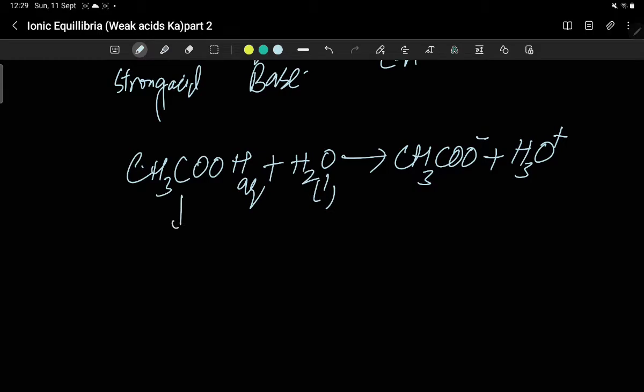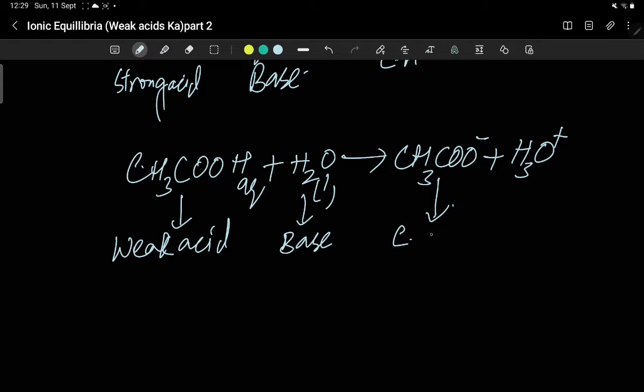So this is the weak acid, this is the base, and this is the conjugate base, and this is the conjugate acid.